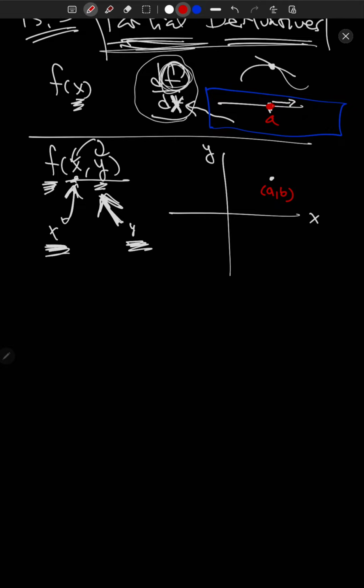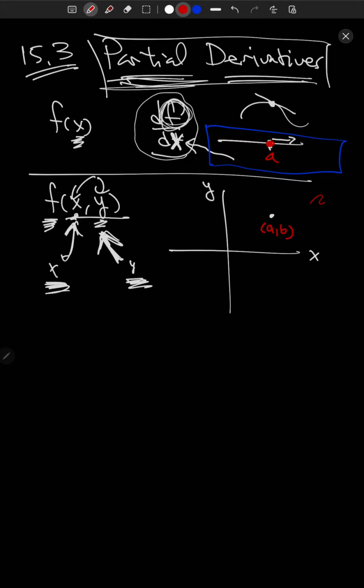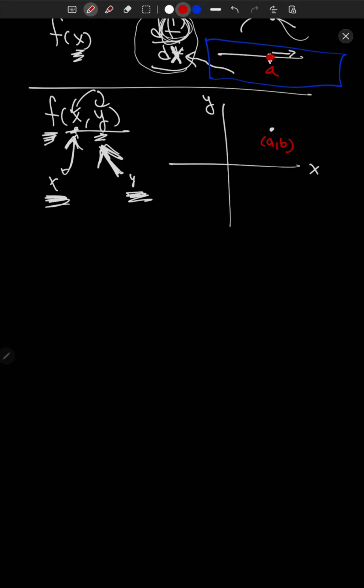Like we said, it looks like we have two variables or two unknown quantities. So we can think about what happens as x changes, as we move away from this point of interest. At this point, x is equal to a. So what happens when x gets bigger and bigger away from a?